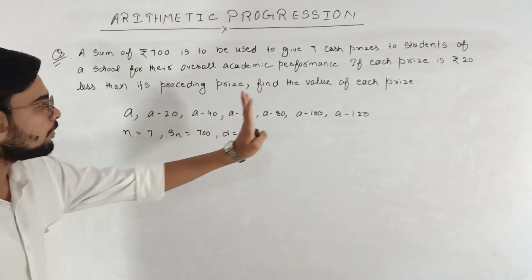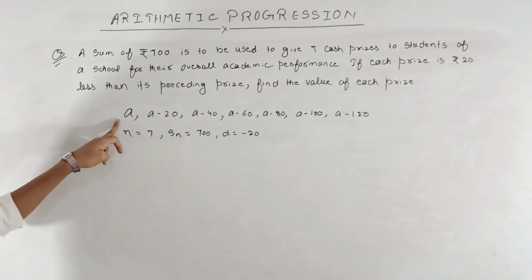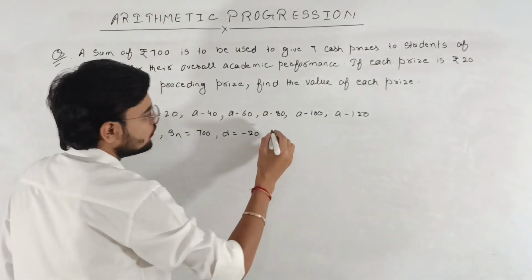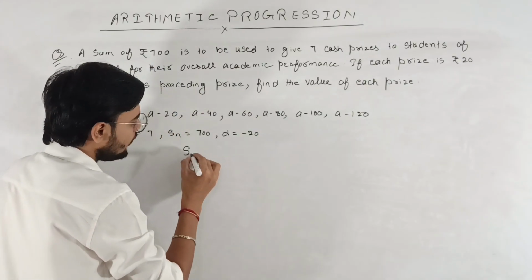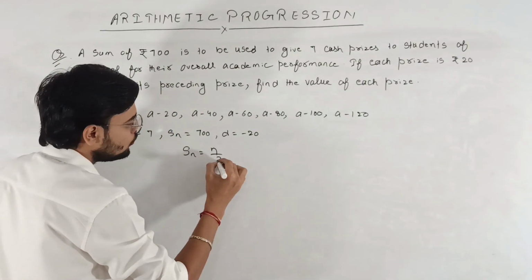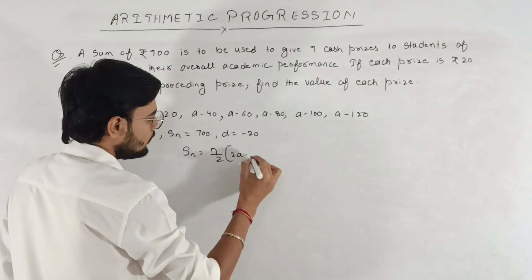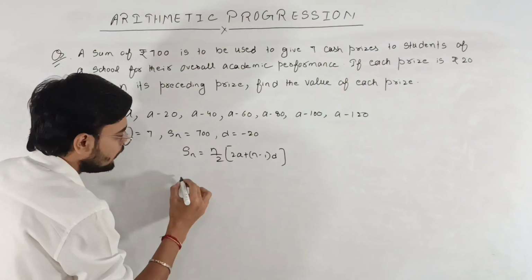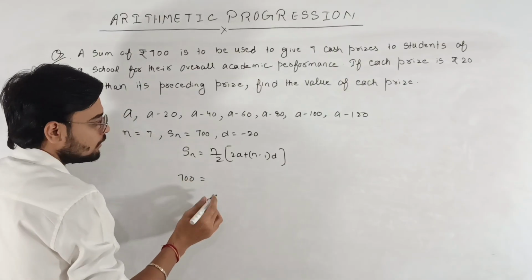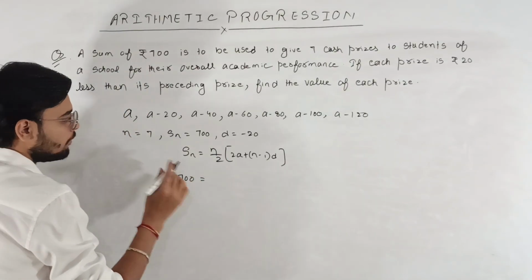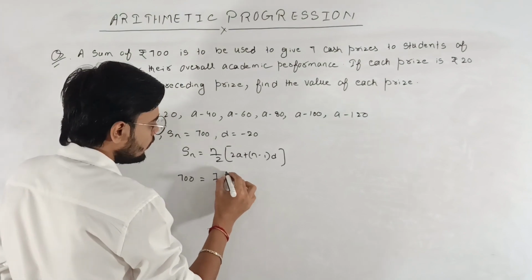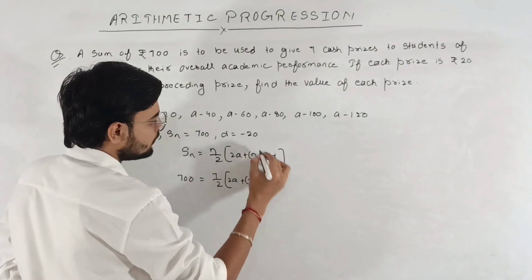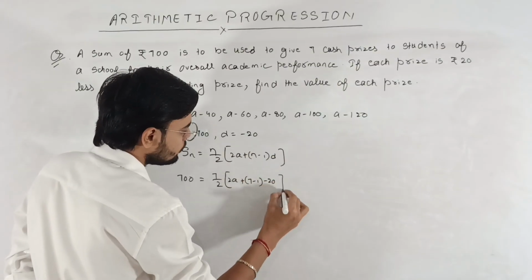Then we have to find the value of each cash prize, so we have to find the value of this A. Now look, SN is 700. SN is N upon 2 into 2A plus N minus 1 into D. So 700 is equal to N by 2, and N is 7, so 7 by 2 into 2A plus 7 minus 1 into minus 20.